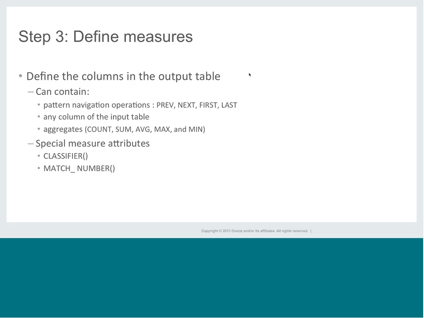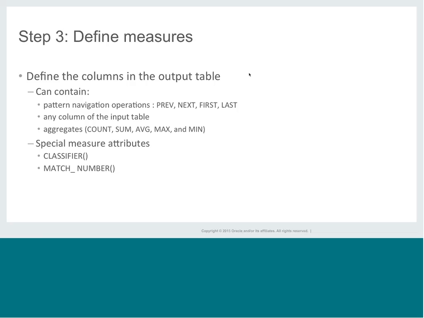I can also use aggregates. While I'm processing through, I can count the number of elements where the price goes down, or get the average price when the price is going down or going up, or the average price across the whole of the W from where it starts to where it finishes, or the maximum price or the minimum price.